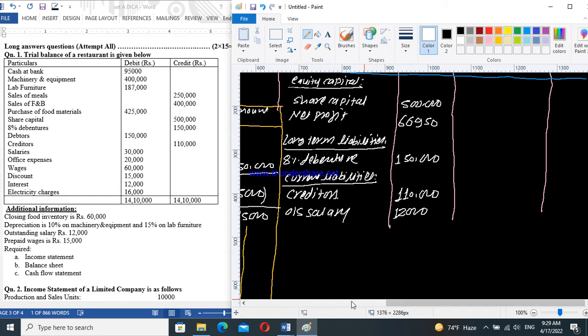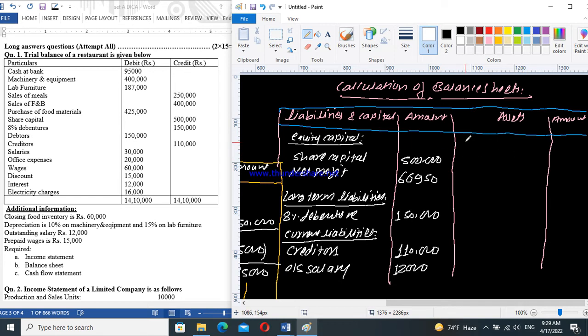Now I'm going towards the asset side. Fixed assets: machinery and equipment, 4 lakh less depreciation 40,000.